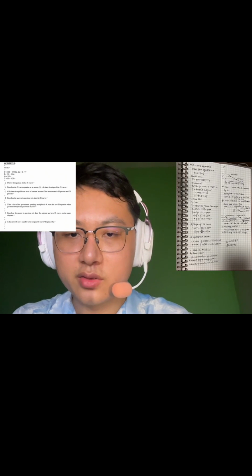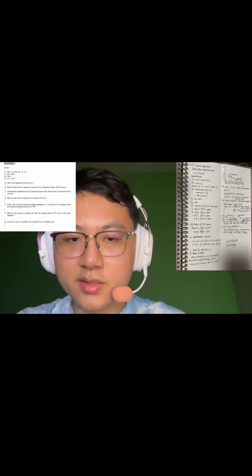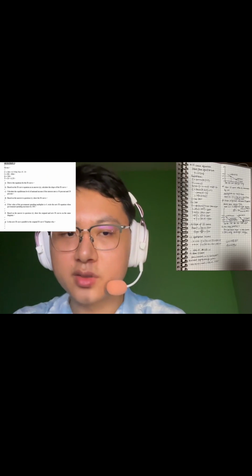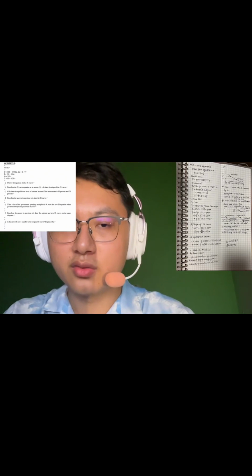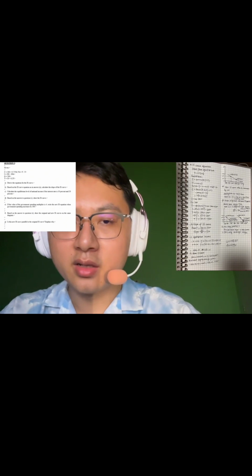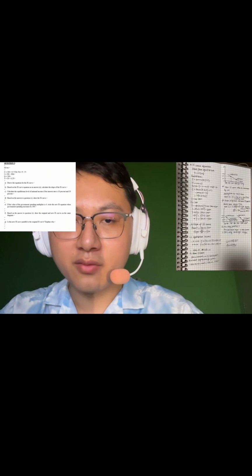Y minus 0.6Y equals 692.5 minus 200R. This simplifies to 0.4Y equals 692.5 minus 200R. Finally, we solve for Y by dividing both sides by 0.4. This gives us the investment saving curve equation.